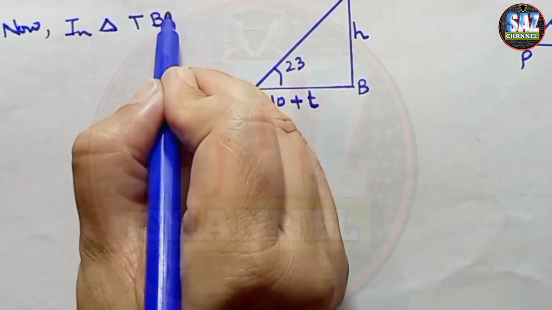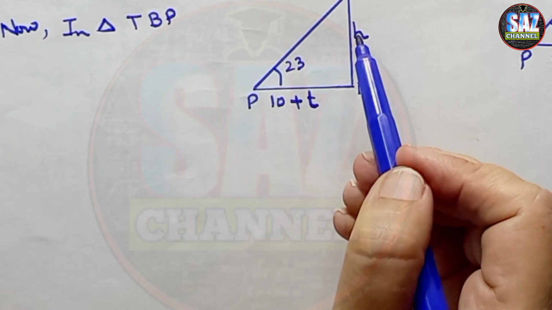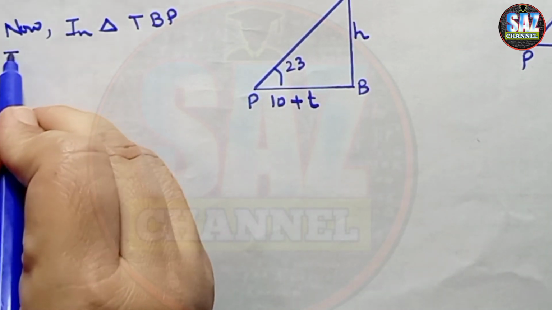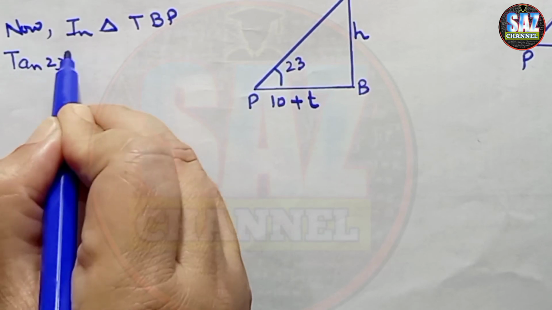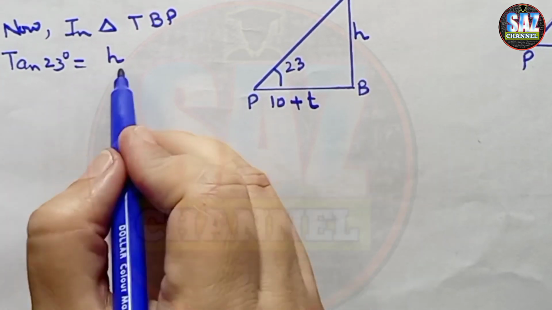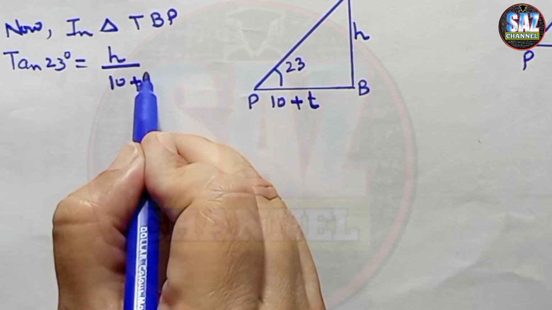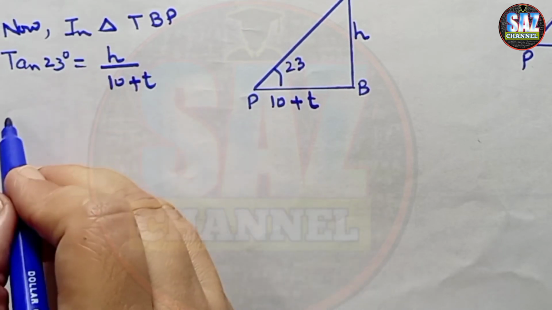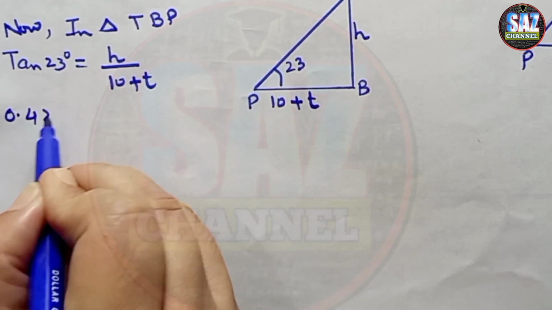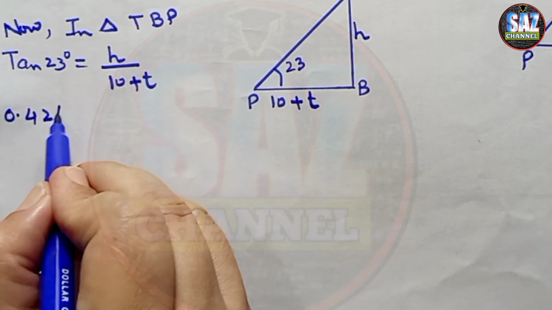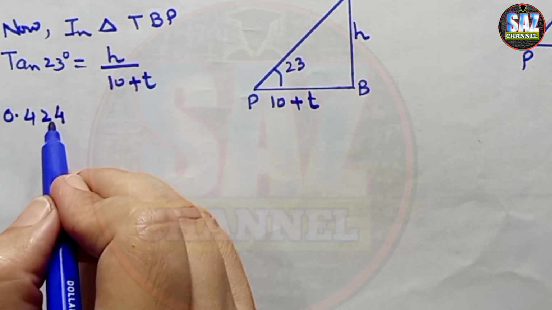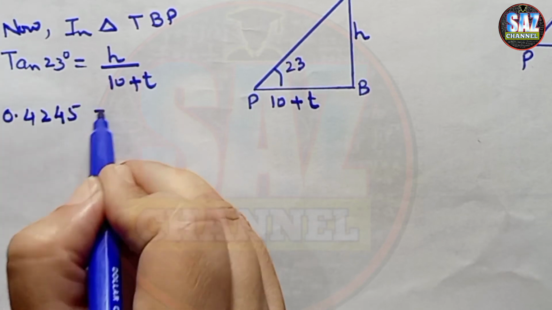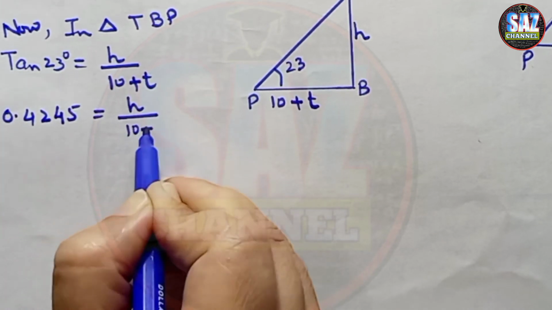TB and P, opposite upon adjacent, tangent 23 equals H upon 10 plus T. Tangent 23 gives me 0.4245, equals h upon 10 plus t.